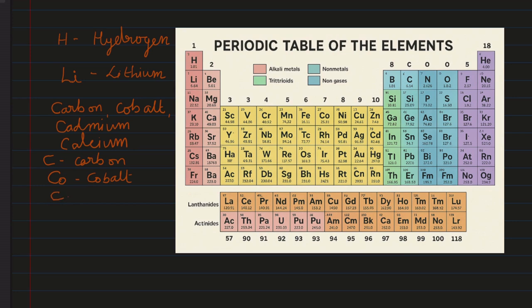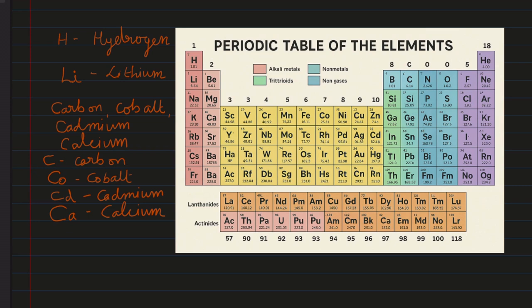Capital C, small letter d. It stands for cadmium. Capital C, small letter a, it is calcium. So I have written the names of the 4 elements which start with C, and look how it is changing.